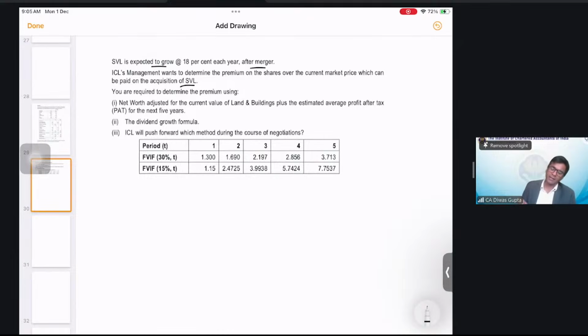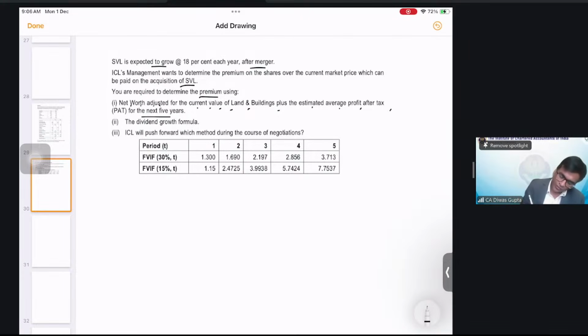You are required to determine the premium using net worth adjusted for the current value of land and building plus the estimated average profit after tax for the next 5 years. The second is the dividend growth formula. The third is which method ICL will push forward during the course of negotiation. That we will be able to understand better.